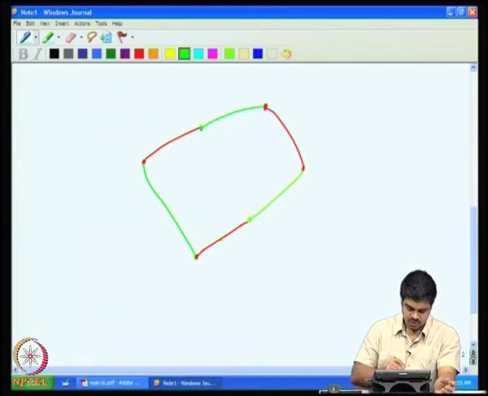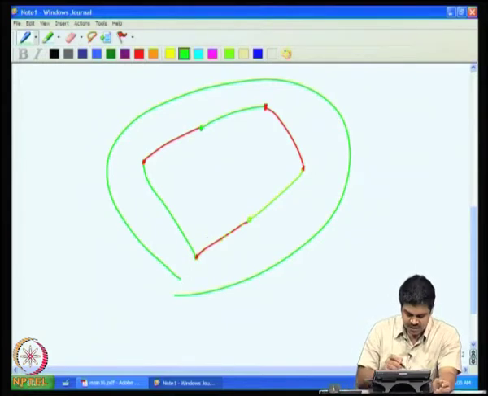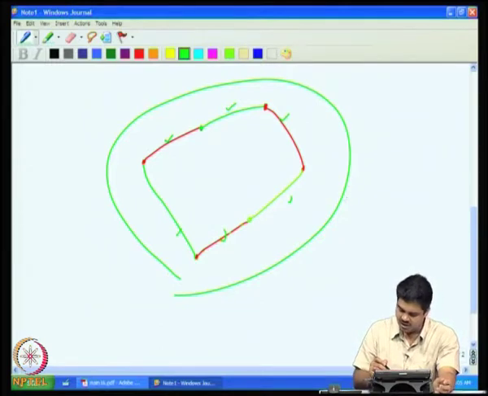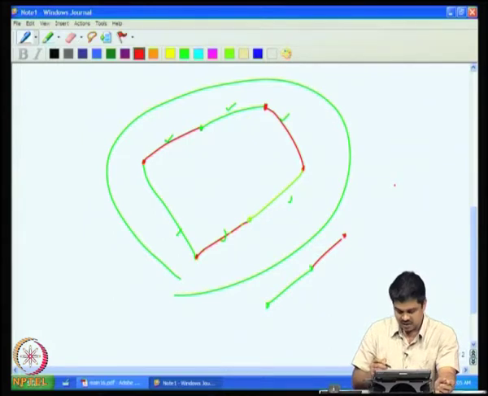These are the only two possible cases. If it completes a cycle, then it is red, green, red, green, so an even number of edges are there in such a cycle, or it can be just a simple red, green path. The maximal connected subgraphs will be like that.